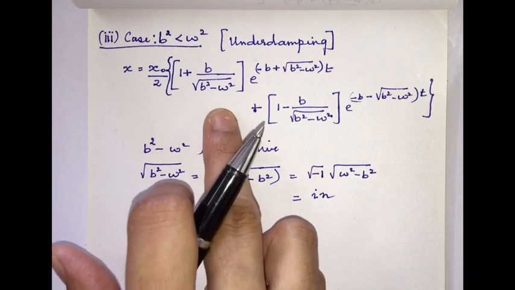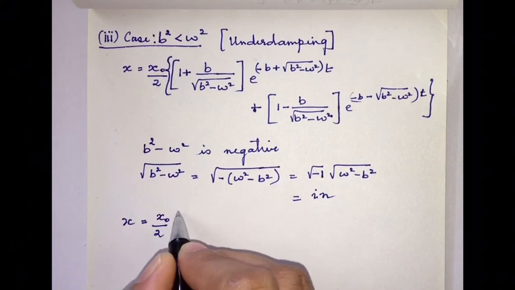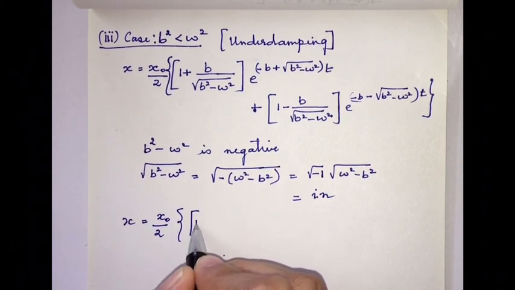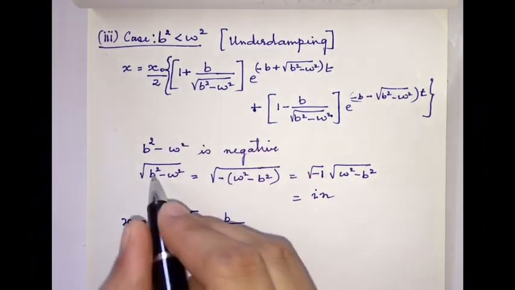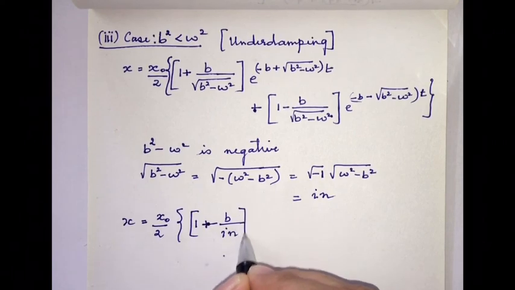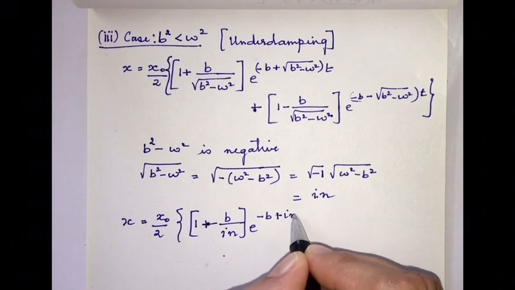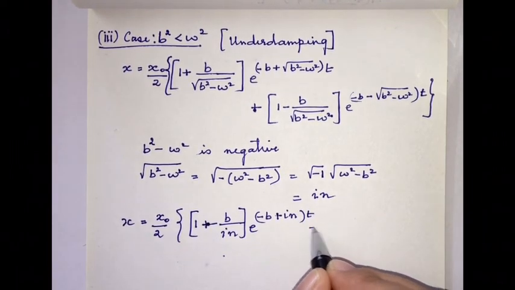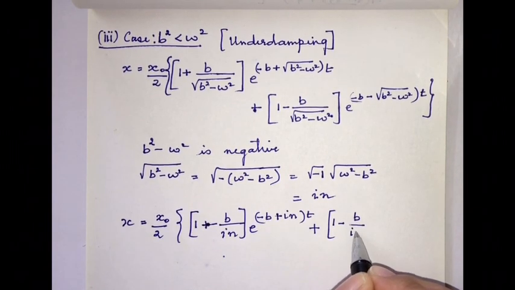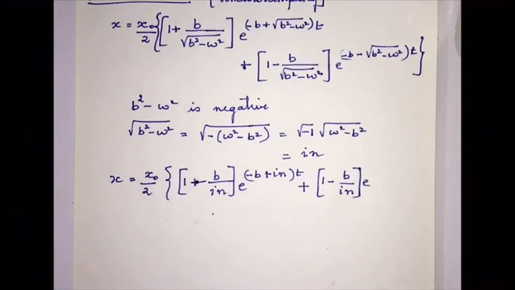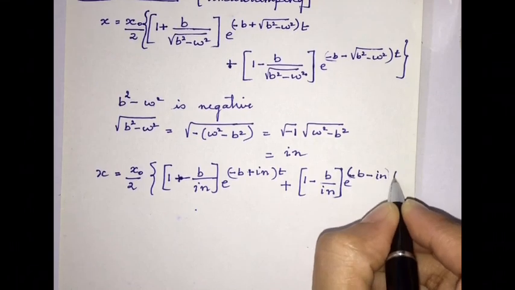What happens to this equation? x is equal to x naught by 2 into 1 plus b by i n, e power minus b plus i n into t, plus 1 minus b by i n, e power minus b minus i n into t.